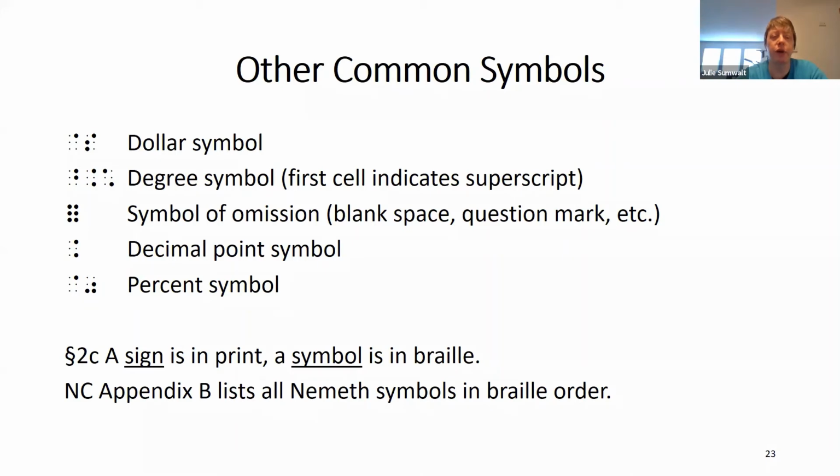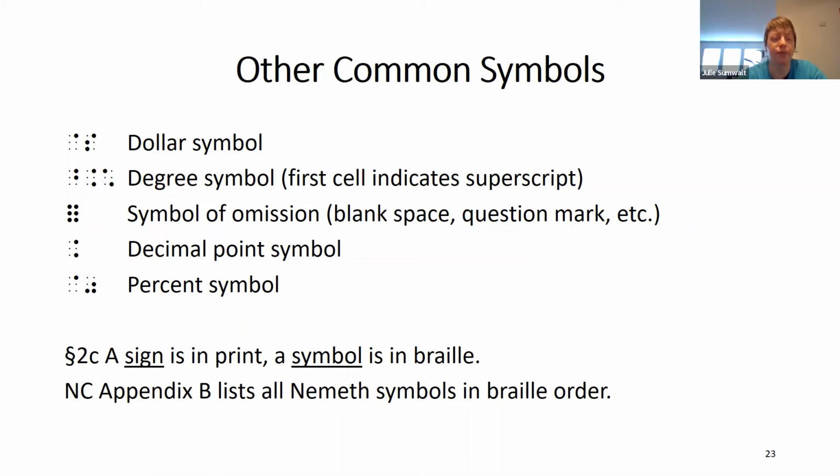There is something called a symbol of omission in Nemeth that represents a blank space, question mark, all sorts of things in print that need to be shown with a single cell. The decimal point in Nemeth is 4, 6. That's different than UEB, as is the percent symbol, which in Nemeth is dots 4 and then 3, 4, 5, 6.